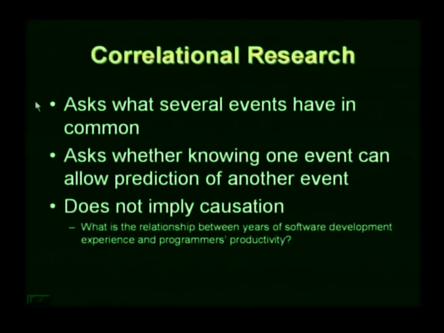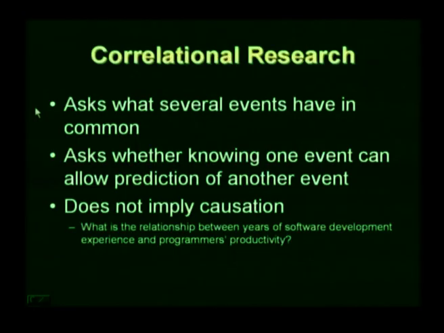The next type of research is called correlational research. Usually the questions in this type of research aim at finding out what several events have in common. It asks whether knowing one event can allow prediction of another event. If we knew one of the things, we should be able to predict the other one.